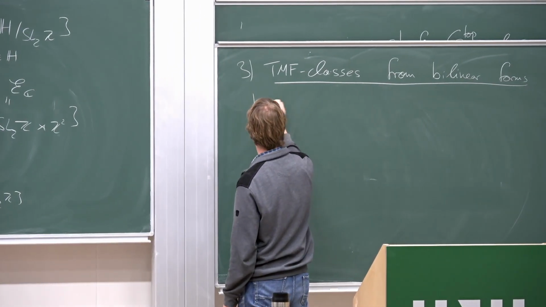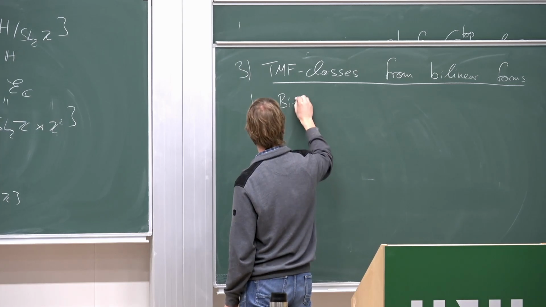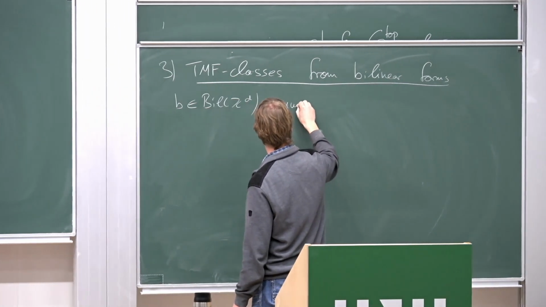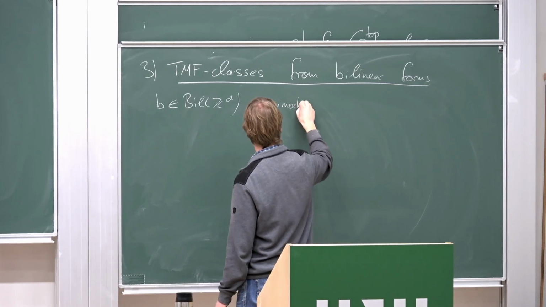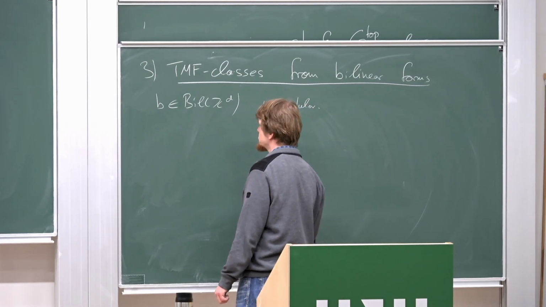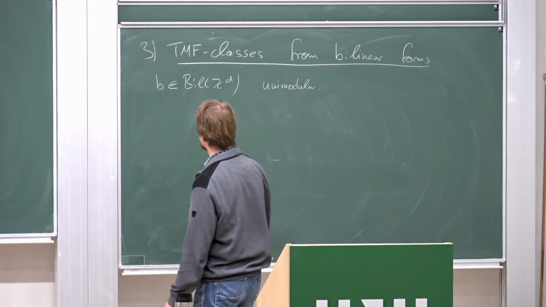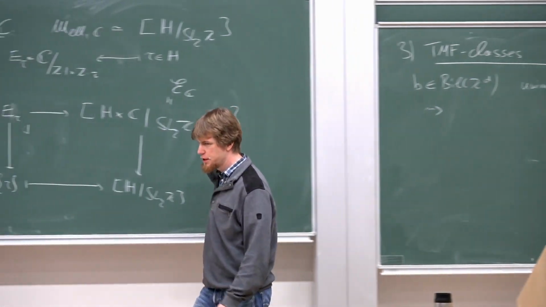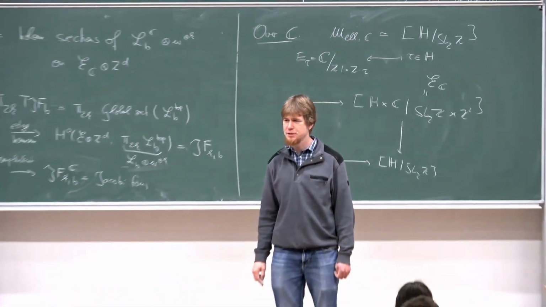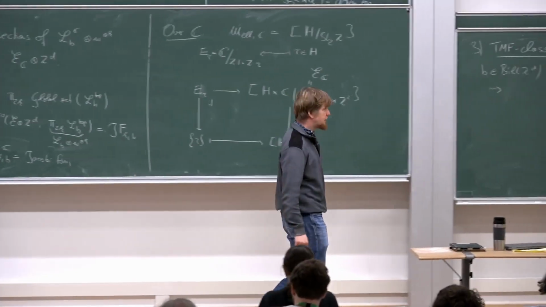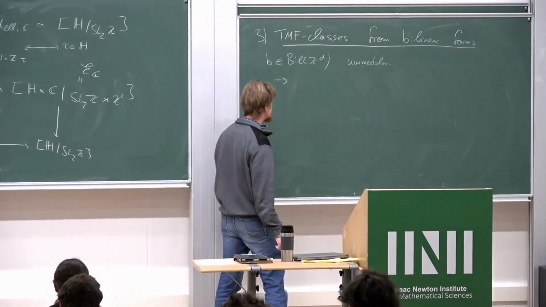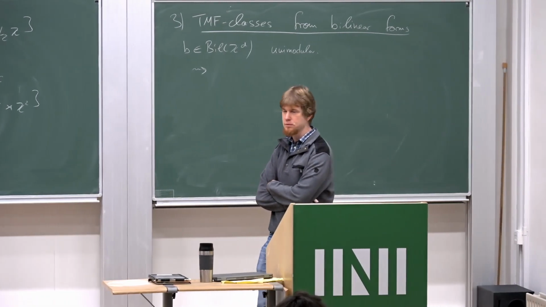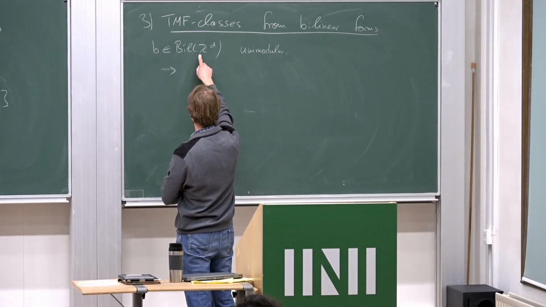Let B be a bilinear form, and we assume it to be unimodular. Bilinear forms over the integers are actually pretty hard to understand in general. We don't have a complete classification or anything, but it's much easier if we work over the real numbers, as you probably know since your undergrad days.